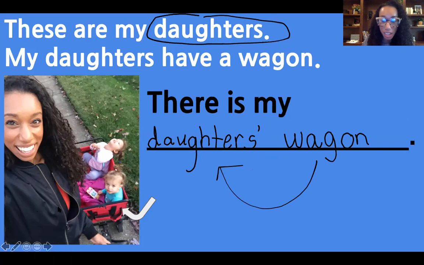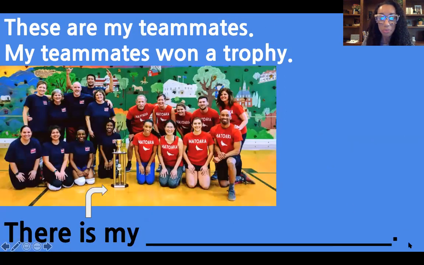Okay, let's keep practicing possessive nouns. Oh, take a look at this. So when I was a teacher at Matoaka Elementary, every school had a volleyball team for teachers. And my team actually went to the championship against the Matthew Whaley volleyball team. So here's a picture of my teammates.